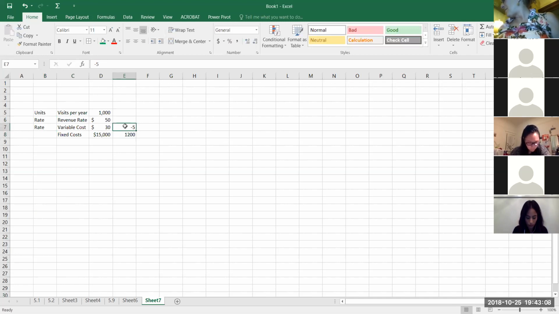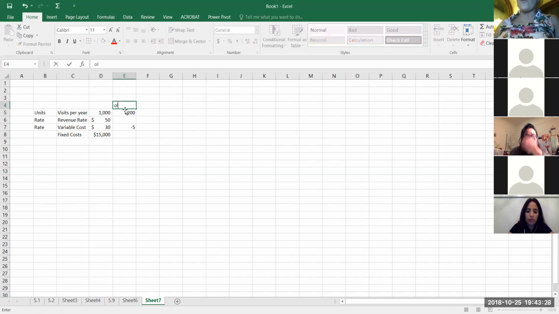Would the 1,200 be next to the 1,000 because they're talking about rates? Yes, thank you. Visits per year, right? It's saying you're going to increase to 1,200 per year. So this is your old number, and this is your new number.